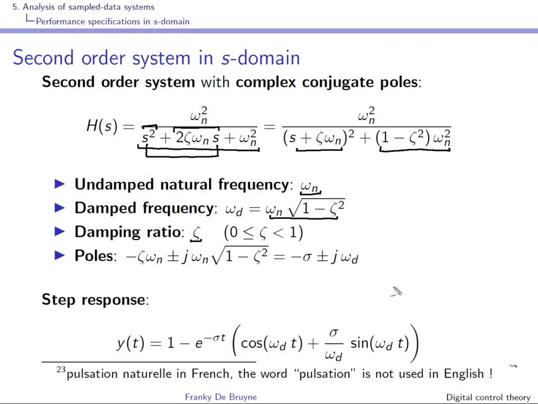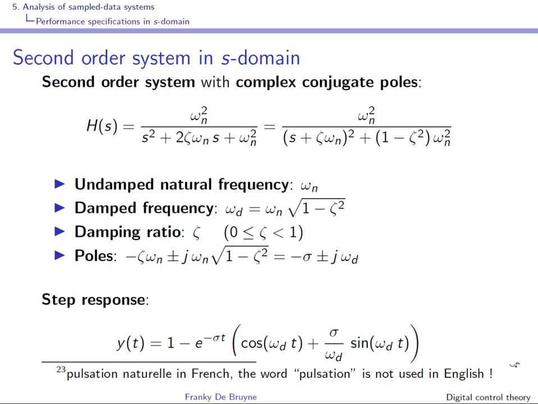This is to show you that it's rather easy to obtain the poles of the system. Okay, and you could do this as an exercise. It's not that difficult. You can also compute the step response, and it is given over here.